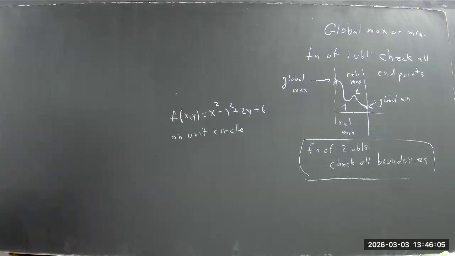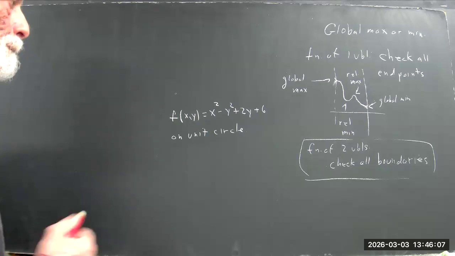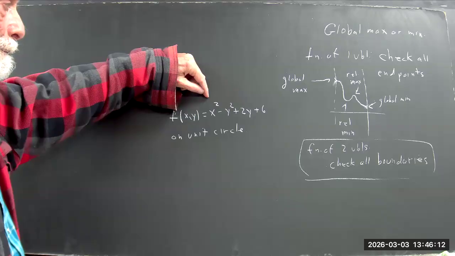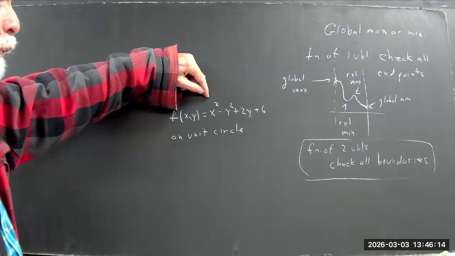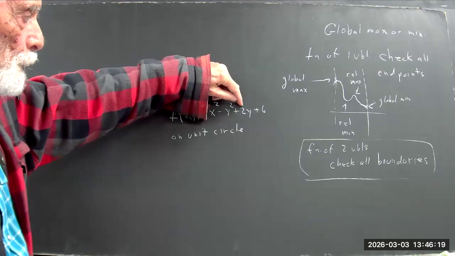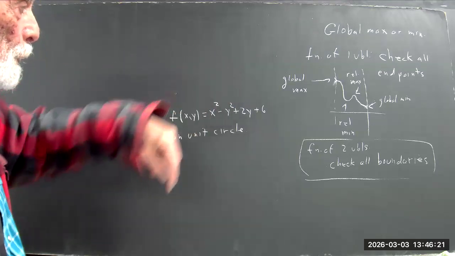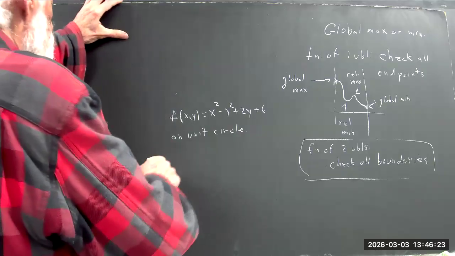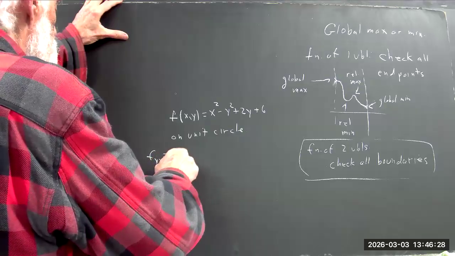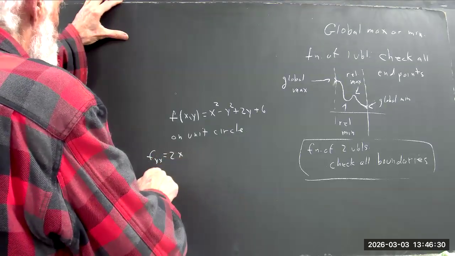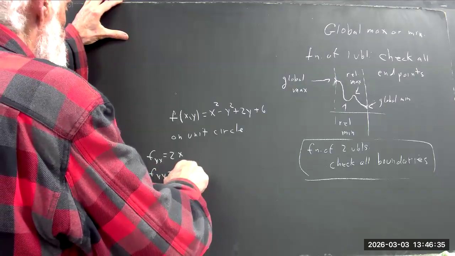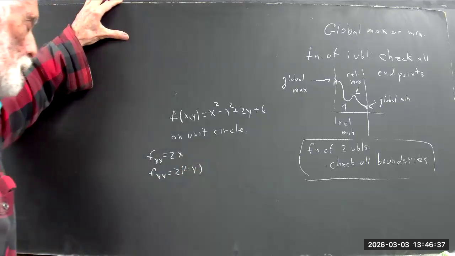Okay. Now you can check: f_x is 2x, f_y is 2 times 1 minus y. You can check that out.